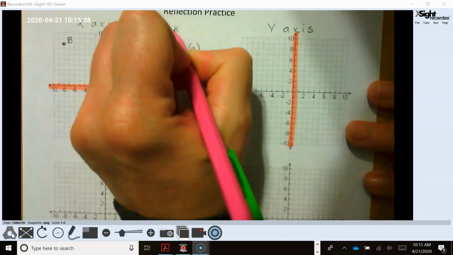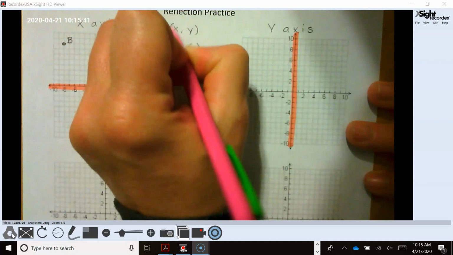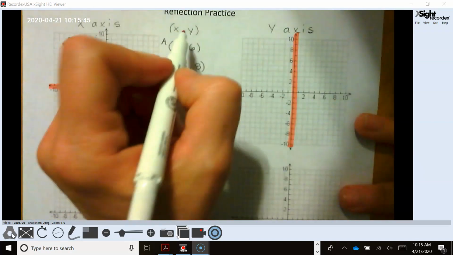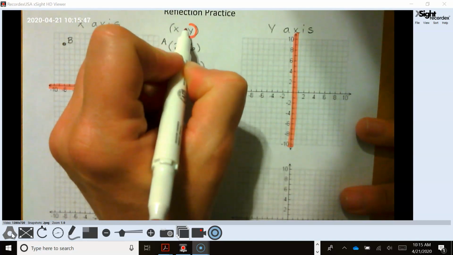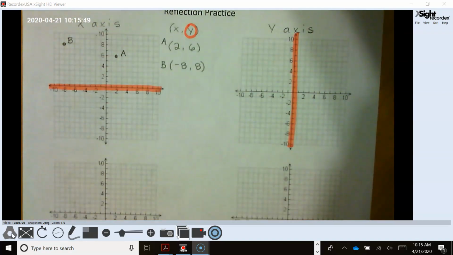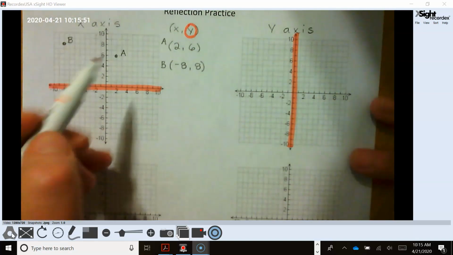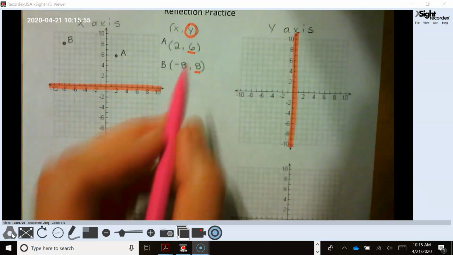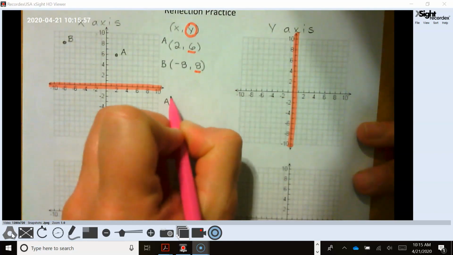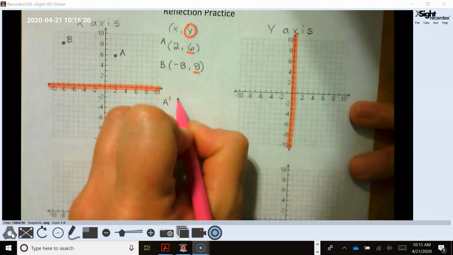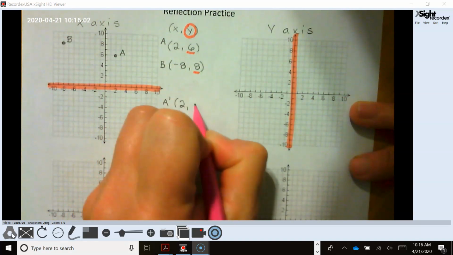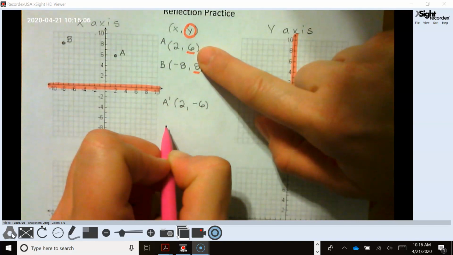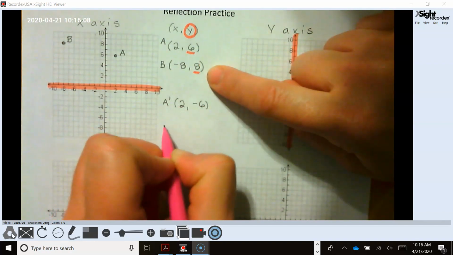The rule when you're reflecting over the x-axis is that you take the opposite of the second coordinate, the opposite of the y. So when we reflect those points, we show the reflection of A as A prime, and A prime is going to live at 2, -6, because -6 is the opposite of +6.